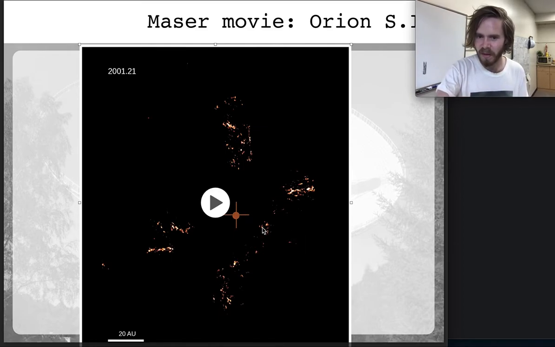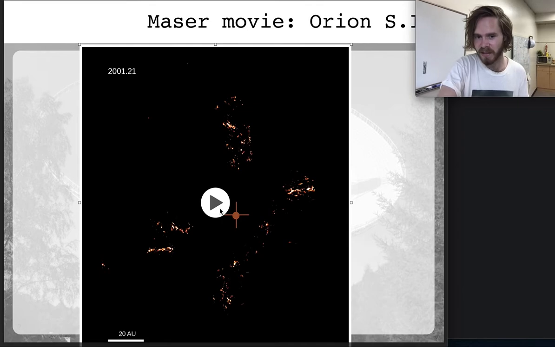If you make a movie with this, you can imagine this black lane here is the disk of dust, and then you have these outflows coming off to the top left and bottom right, and the water masers are in the shocks. Sorry, I can't remember if these are water masers or SiO masers. It doesn't really matter, but they're in the edge of the outflow cavity here.